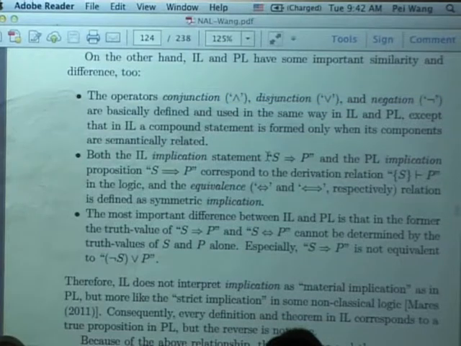On the other hand, for this and this, the treatment is very different in these two logics. Actually, I always believe that if in propositional calculus all these five are handled together with the same status, to me that is not a good idea.